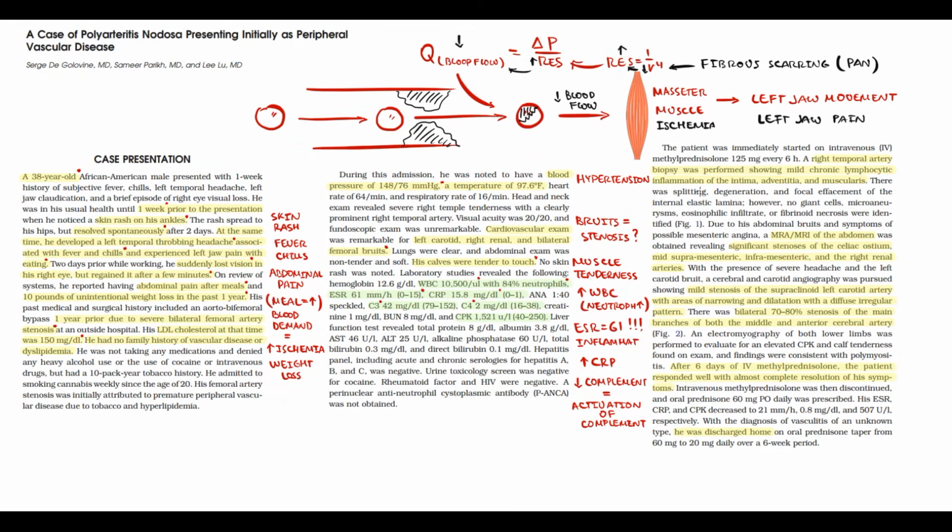On biopsy, they determined lymphocytic infiltration of several layers within the blood vessel wall, and on MRI, they determined significant stenosis of mesenteric arteries and the renal artery. In addition to this, he had stenosis of the carotid artery and cerebral artery, and we know that stenosis can be a sign of polyarteritis nodosa. After 6 days of intravenous methylprednisolone, complete resolution of symptoms was achieved, and he was discharged home.